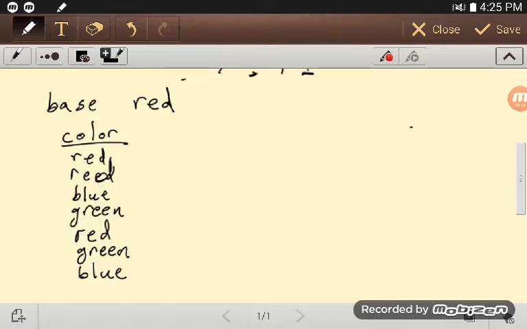We're going to say base is red, and since there are 3 categories, we're going to introduce 2 dummy variables, dummy 1 and dummy 2. And we always need 1 fewer dummy variable than we have categories.